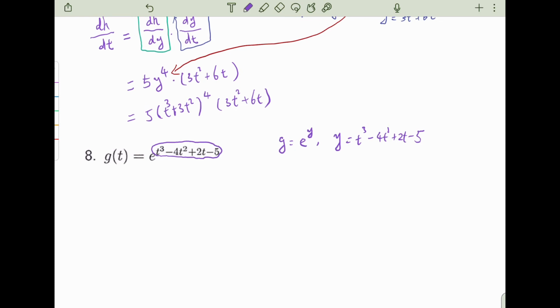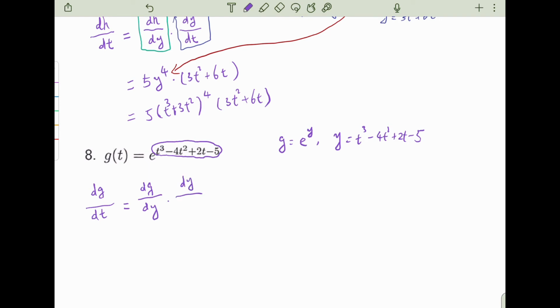And followed by the formula, dg/dt, the derivative of g with respect to t. By the chain rule, we have dg/dy times dy/dt.